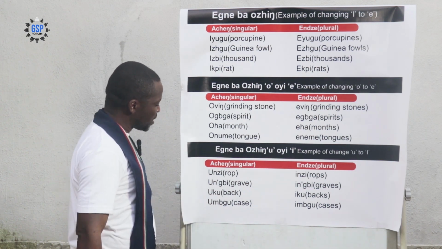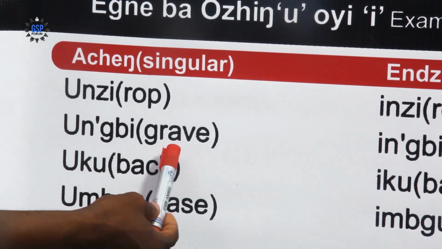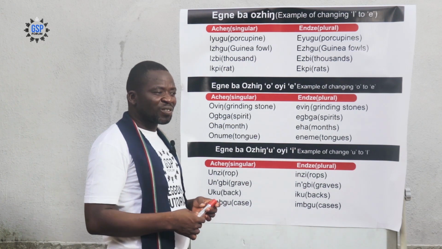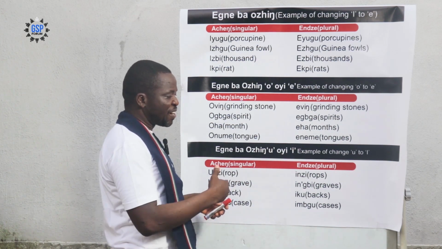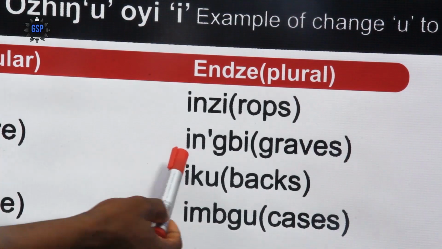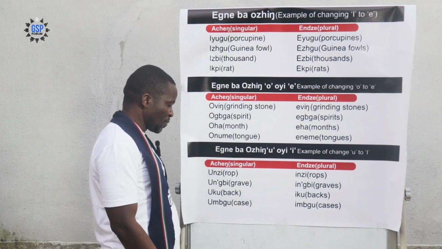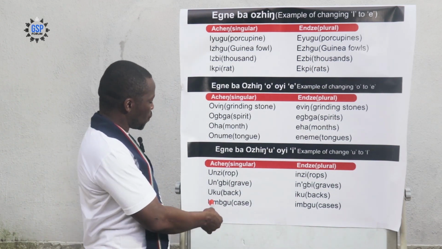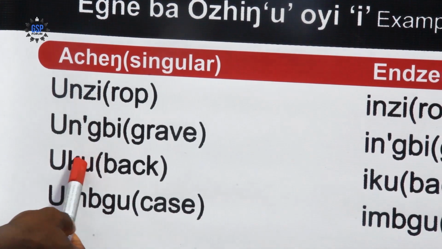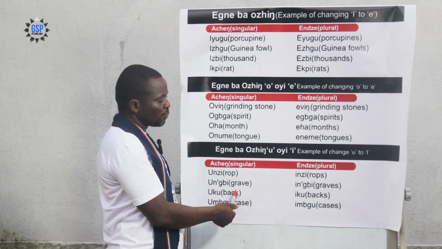The next one is ungibi. Ungibi is grave, if it is one. But if you find that the grave is two or more than two, we call it ingibi, which is graves. The next one is uku, which is back.